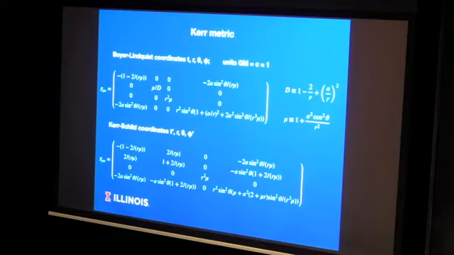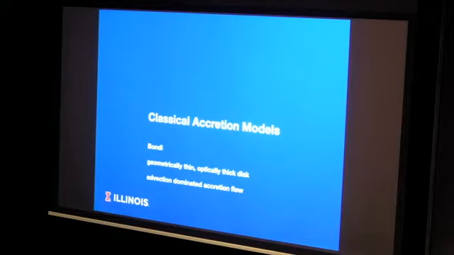All right, so next topic is classical accretion models for black holes. Here I'm going to talk about 3 basic models. The first one is Bondi accretion, which is just spherically symmetric accretion. And I'm actually going to do this in a little bit of detail.